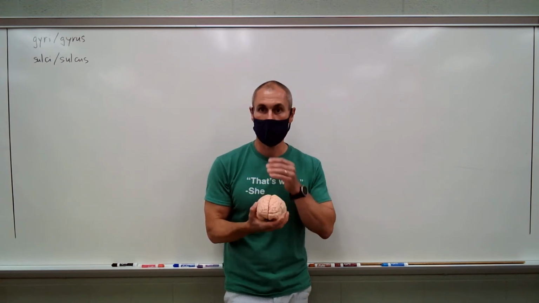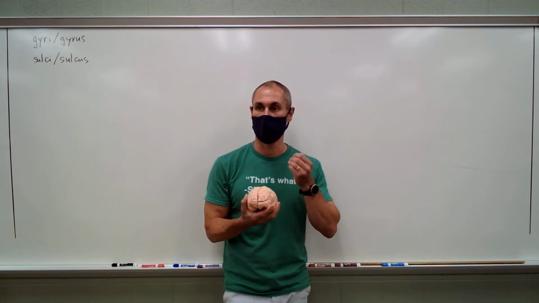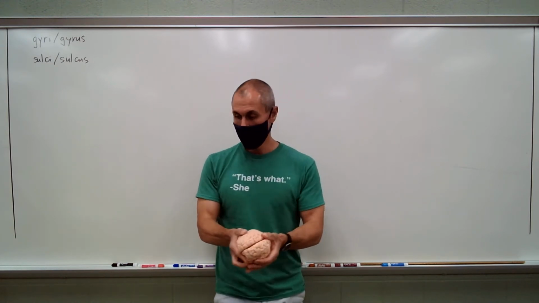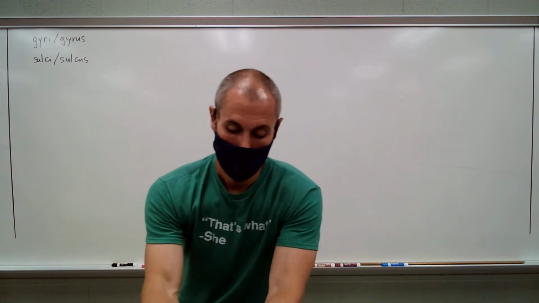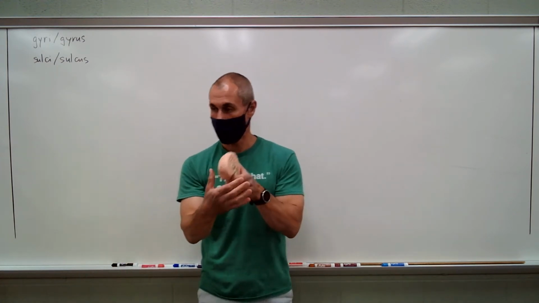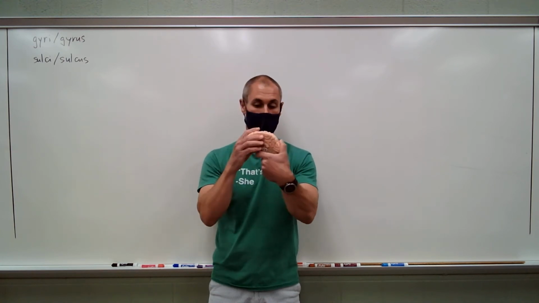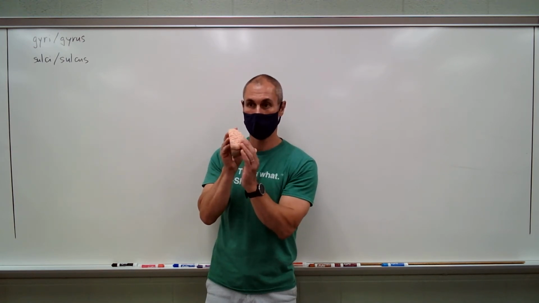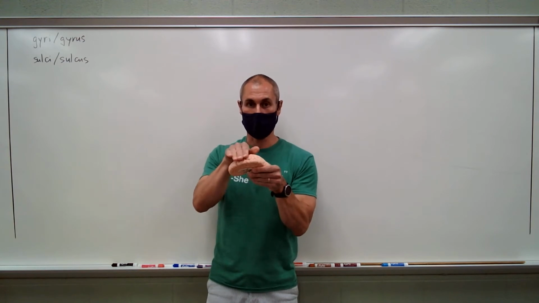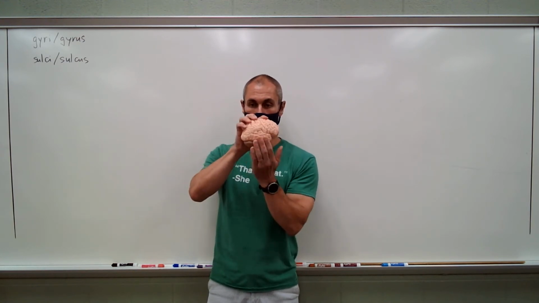Each hemisphere consists of five lobes. I'm going to use just one hemisphere. Frontal, occipital, parietal, and temporal.